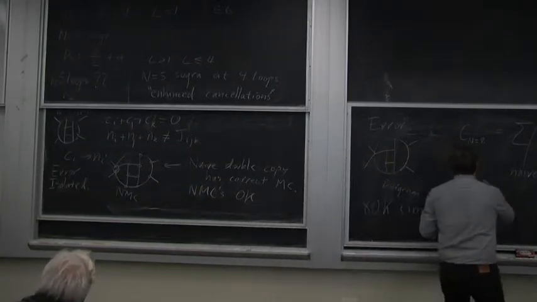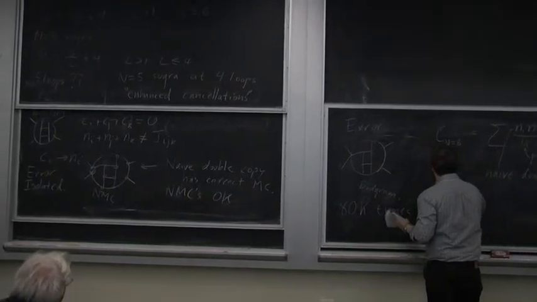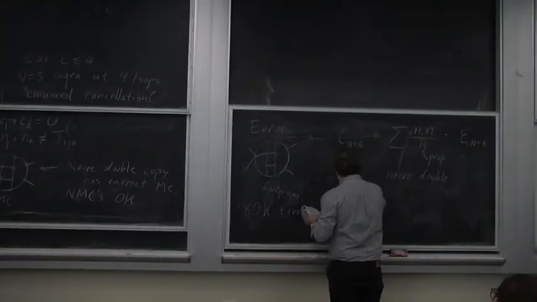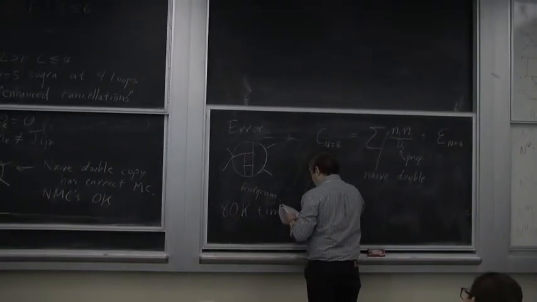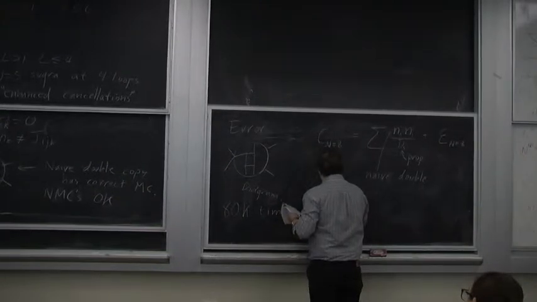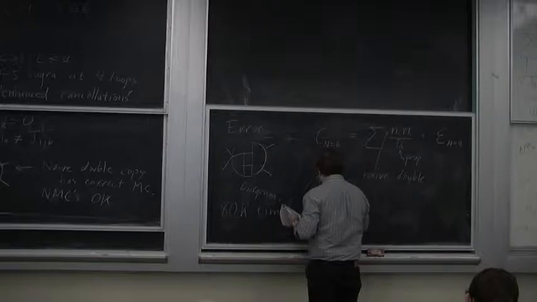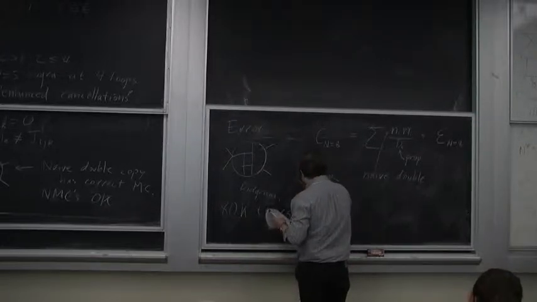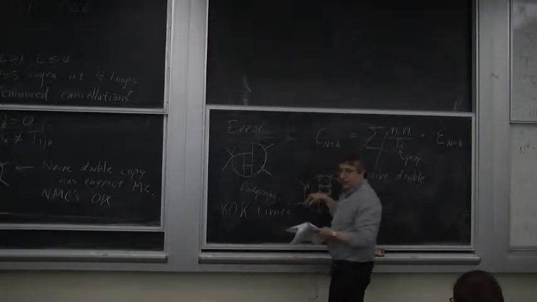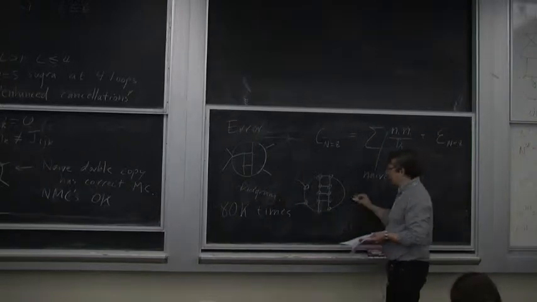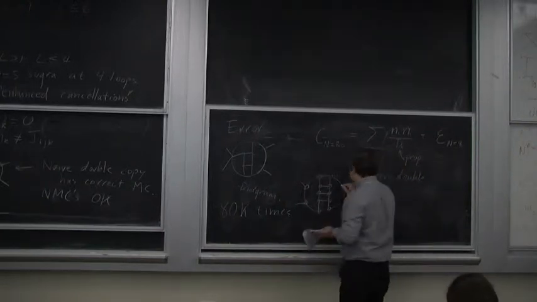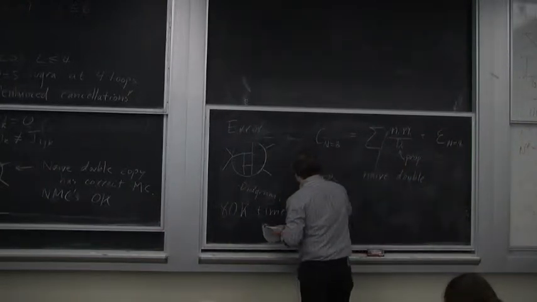And in fact, for a cut that looks like this, let's just draw out a 5-loop guy. Of course, I could be drawing it at 3 loops. It's the same story, but it's more fun to draw it at 5 loops. Say a cut that looks like this.